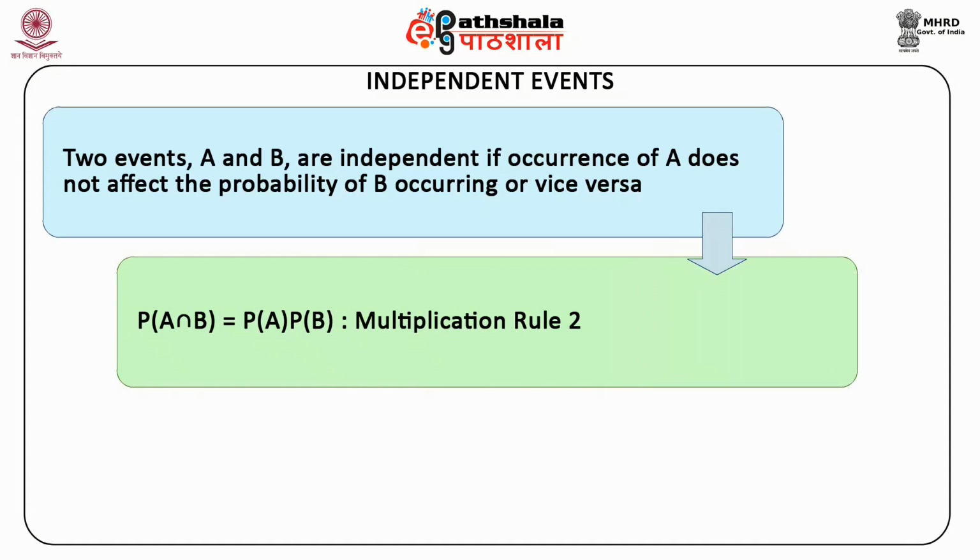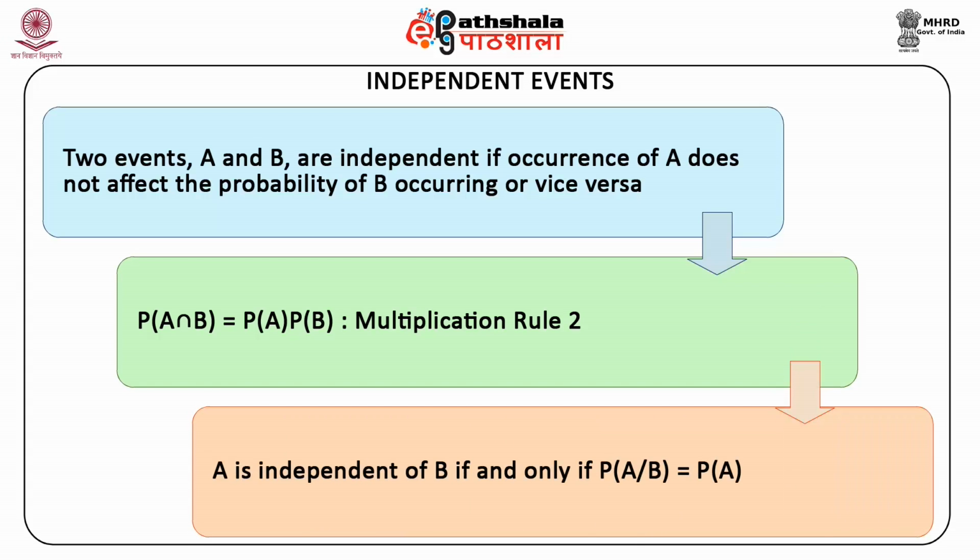Probability of A intersection B is then equal to probability of A into probability of B. Symbolically, two events A and B are independent in a sample space S if and only if probability of A intersection B is equal to probability A into probability B. Hence, when the events are independent, to find their joint probability, multiply the probabilities of each event occurring separately. This is multiplication rule 2.